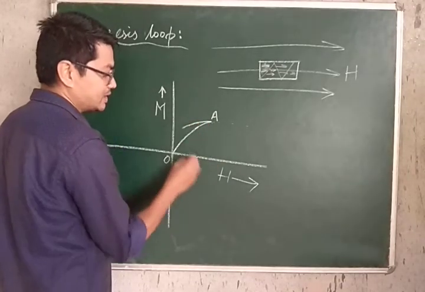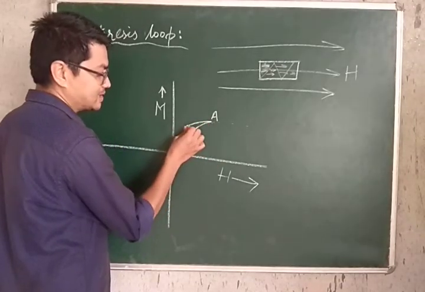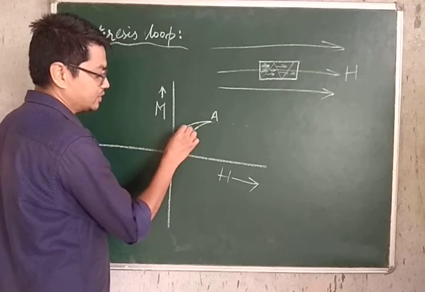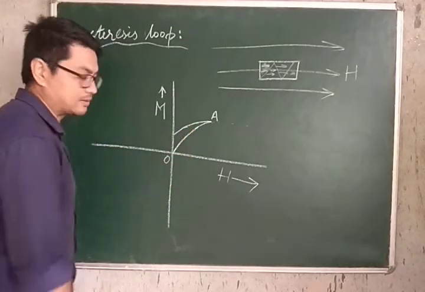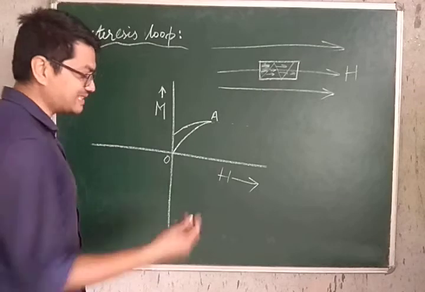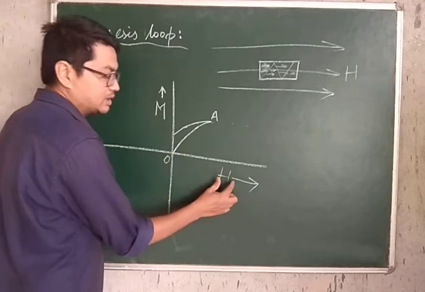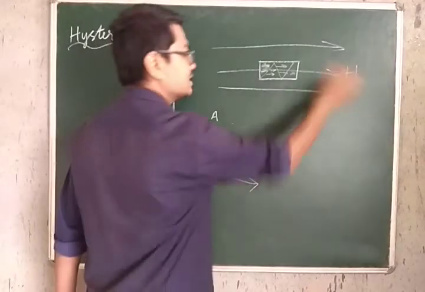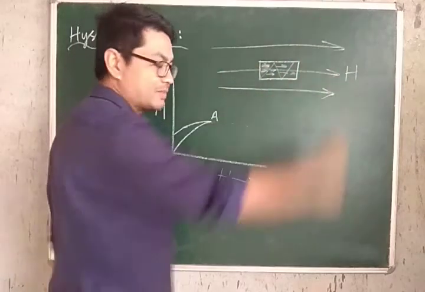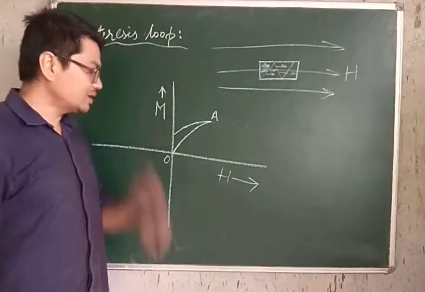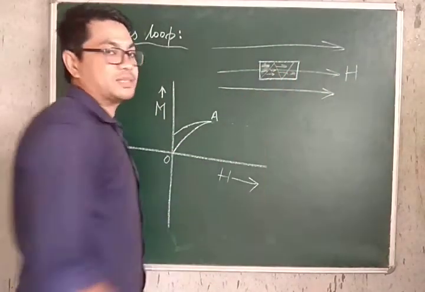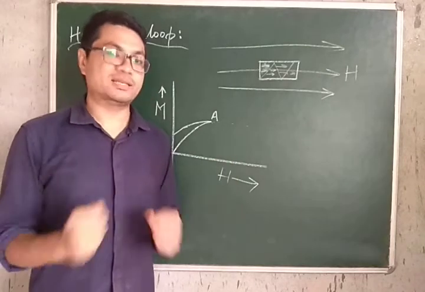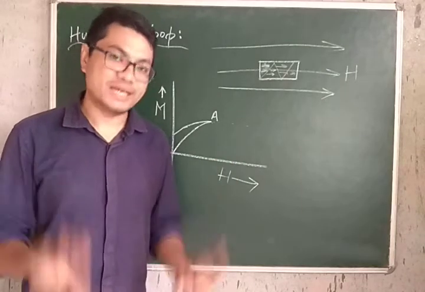So you are decreasing H, the intensity of magnetization M also goes on decreasing. And what is seen is, when you make the external magnetizing field 0, so to say you remove the external magnetizing field completely, this ferromagnetic substance will retain some magnetic behavior.